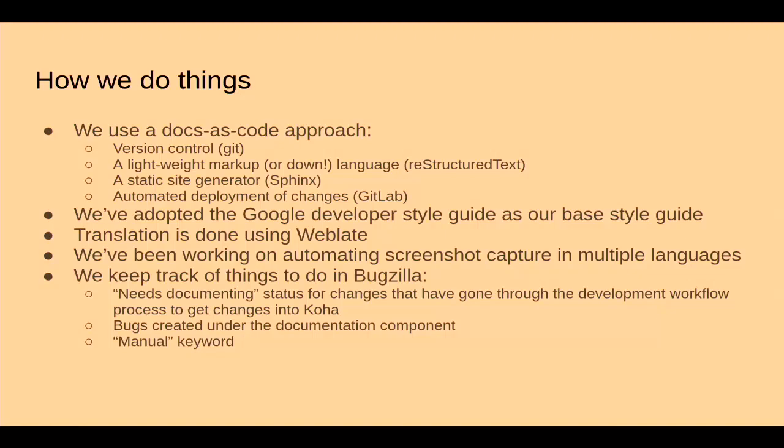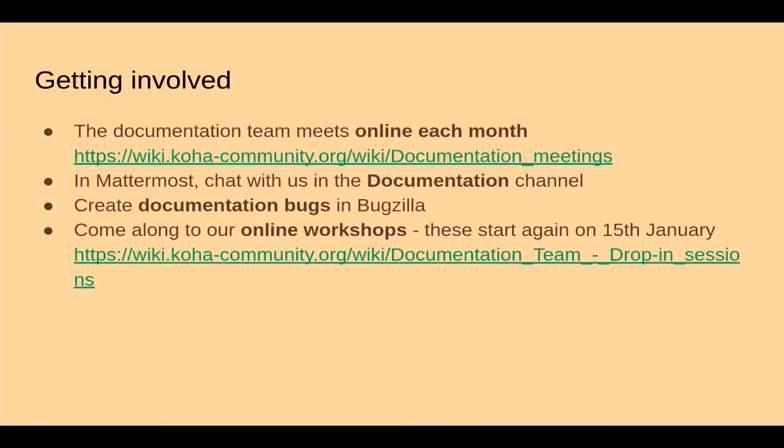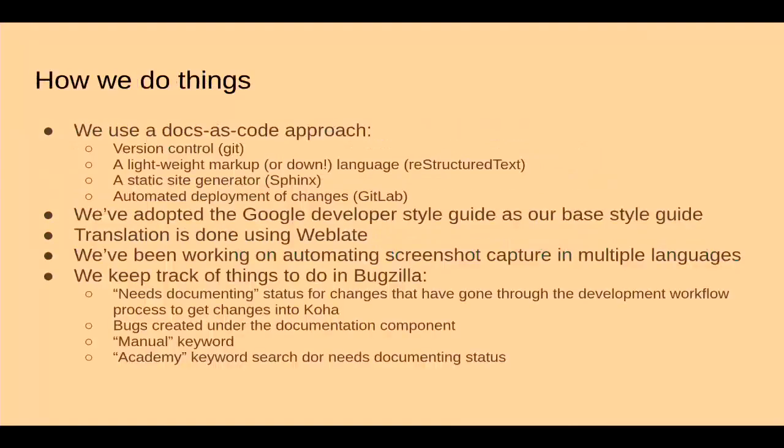There are still plenty of bugs with the manual keyword, which means they need updates, or may still need updating in the manual. There's also a search that lets you search. We've added the Academy keyword to some of the documentation bugs, which are generally nice, easy ones to start on. And I just spotted my spelling mistake. That was deliberate, of course.